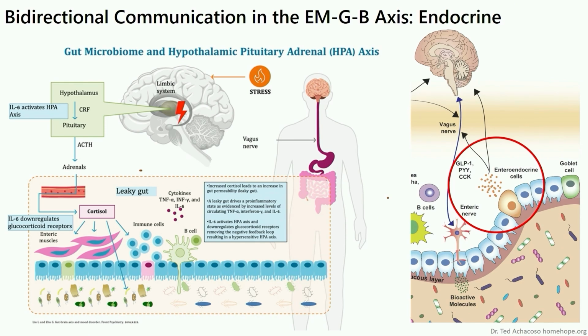But the gut itself has its own enteroendocrine cells. It means it produces its own hormones like GLP-1, PYY, CCK. These are all enteroendocrine hormones that are produced by the enteroendocrine cells in the gut. As I said earlier, this is a separate brain in itself. So it has its own neurohormones, it has its own hormones that affect it and that affect the first brain in itself.